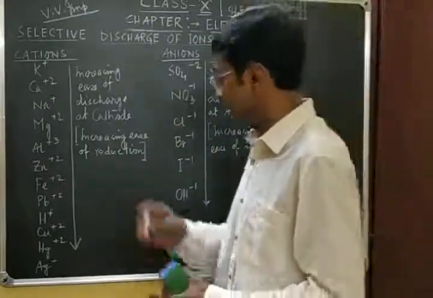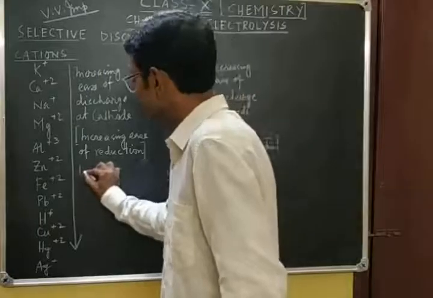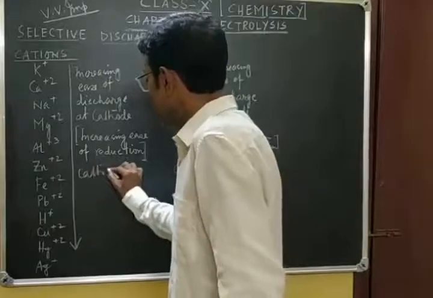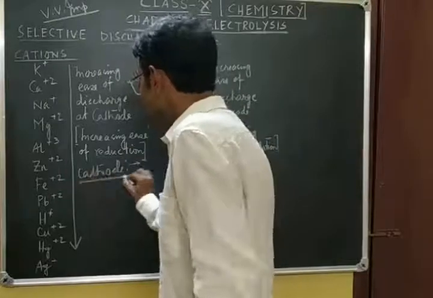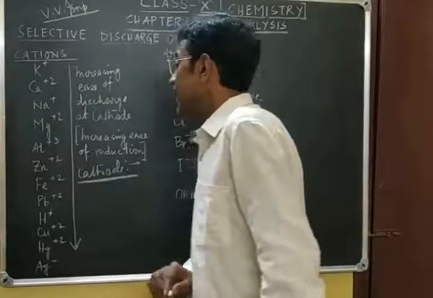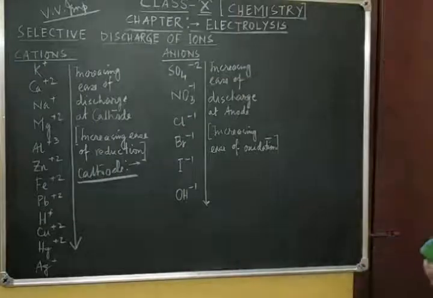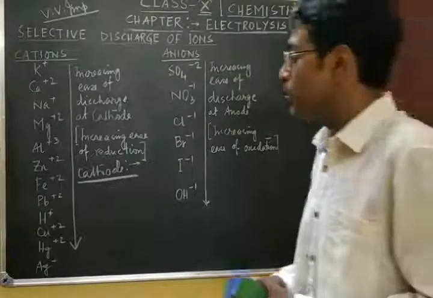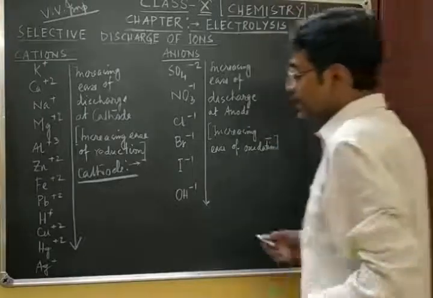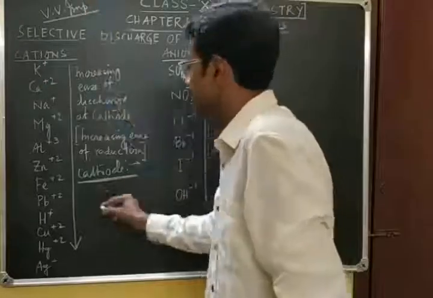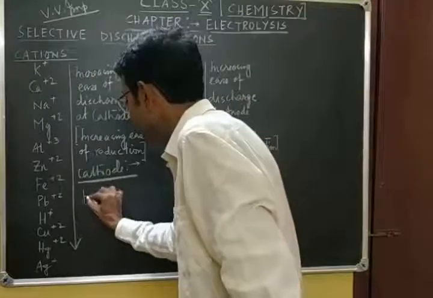Remember one thing: at the cathode, cations always migrate. So when cations migrate there, I am taking the example of K plus.